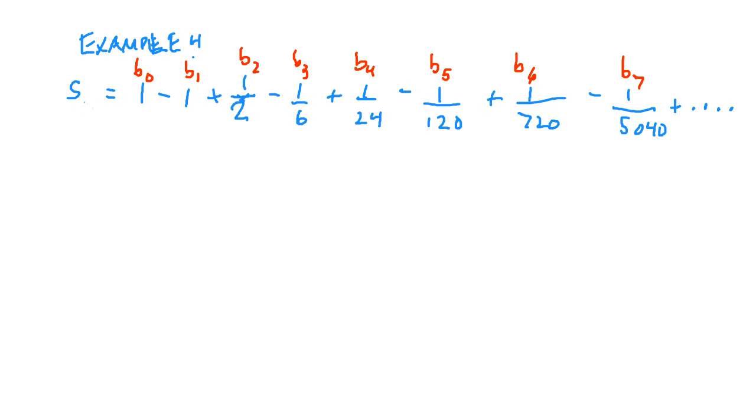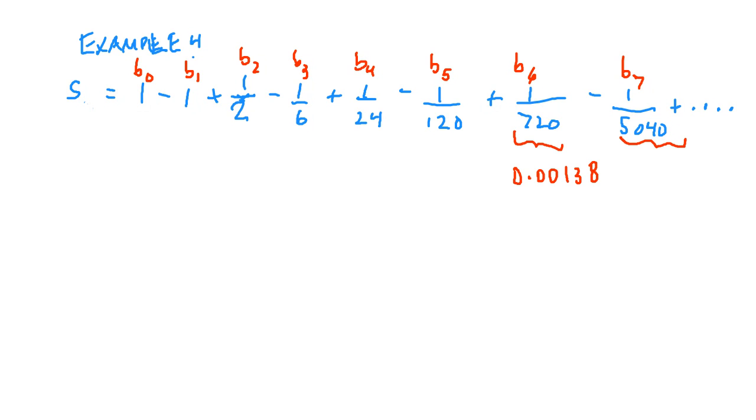Now, the 6th term, 1 divided by 720, equals 0.00138.